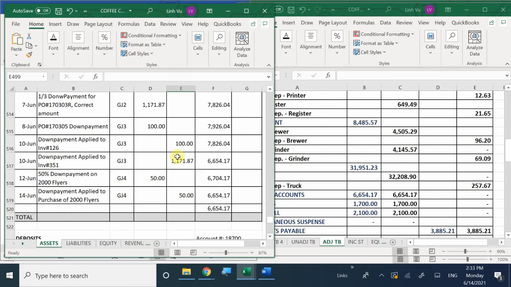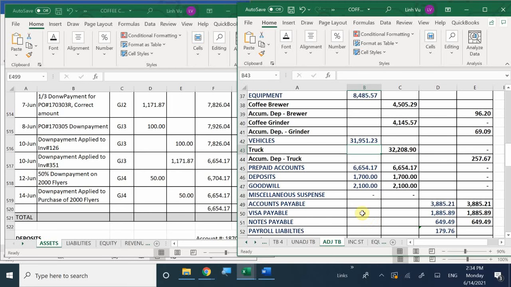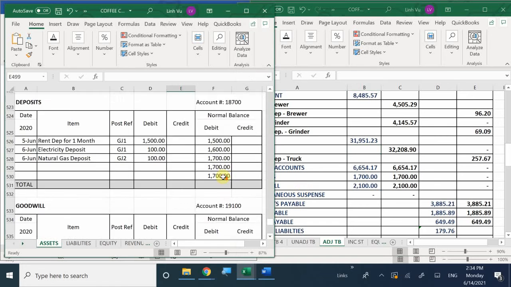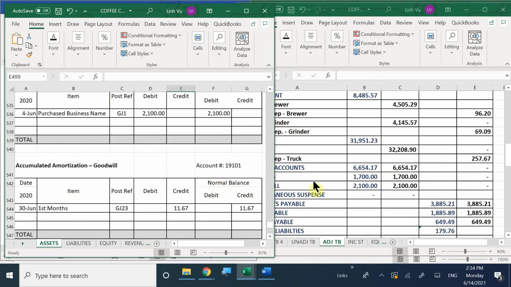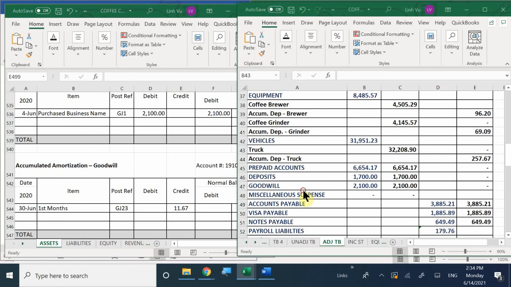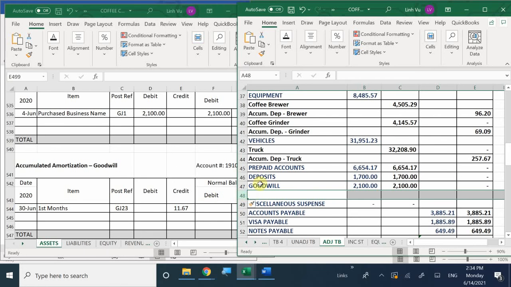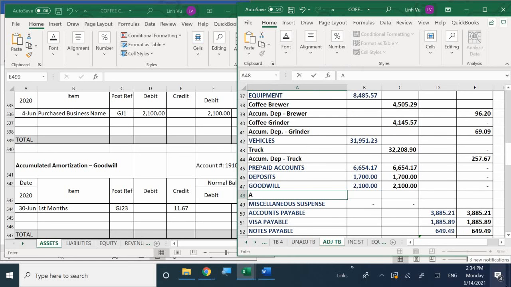Let's take a look at our prepaid accounts. Did this value change? No. What about my deposits? No, that did not change. My goodwill, I have an accumulated amortization on my goodwill. So I need to create an extra line here to calculate my accumulated amortization on my goodwill.